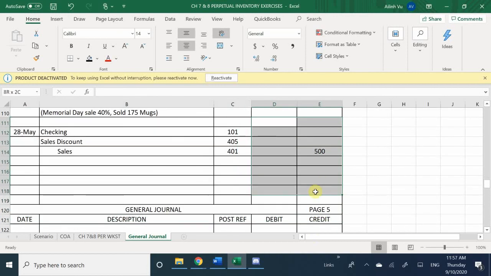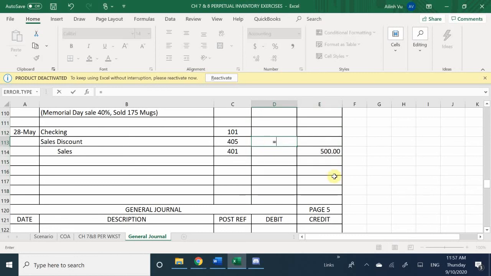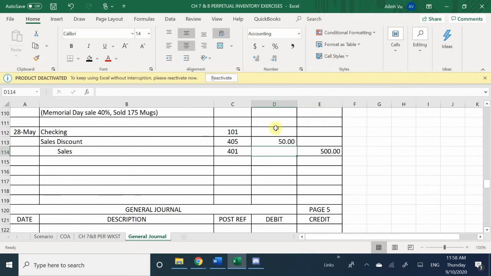And we're gonna give him a 10% discount. So what is 10% of the 50 mugs that we sold? Oh, he gets $50. Yes, close. That's fine. Okay. All right, and then now we go ahead and subtract the difference.